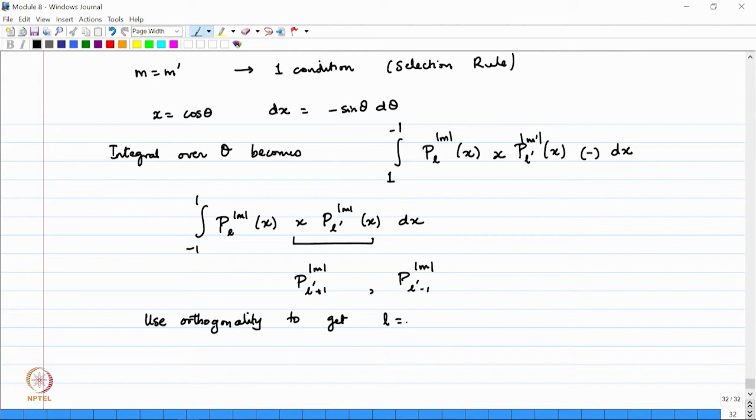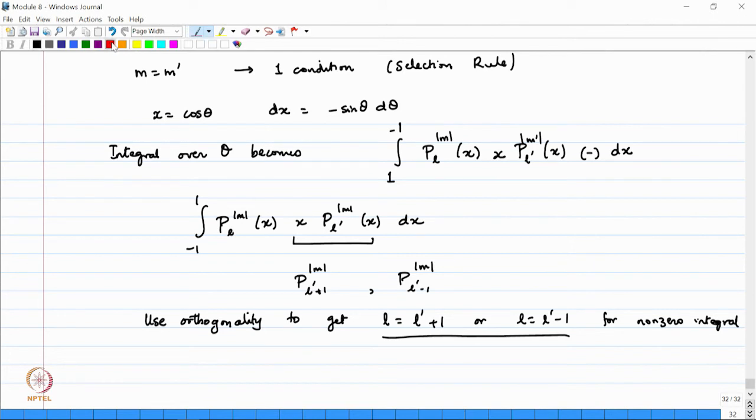So, unless L equals L' plus 1 or L equals L' minus 1, your integral will be zero. For a non-zero integral, we need L equal to L' plus 1 or L equal to L' minus 1.